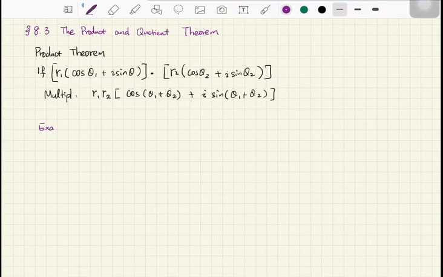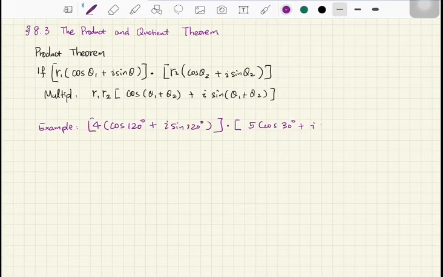So for example, I want to do multiplication between 4 cosine of 120 plus i sine of 120, and the second complex number, 5 cosine of 30 plus i sine of 30. Quickly labeling them, 4 is the r1, 5 is the r2, 120 is the theta 1 and 30 is the theta 2.